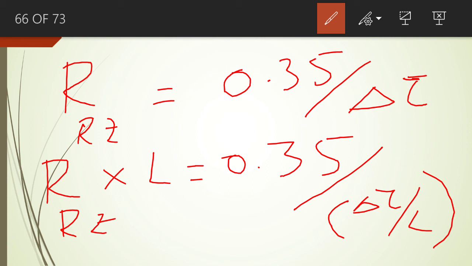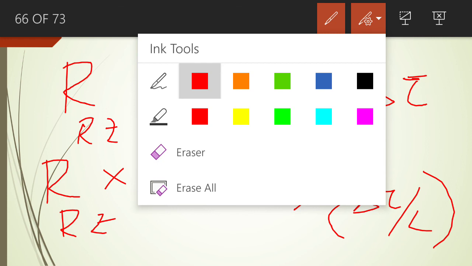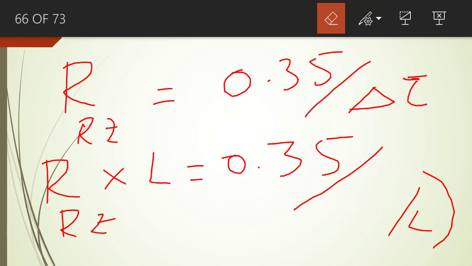So what we do, we put the value of this pulse spread per unit length over here.